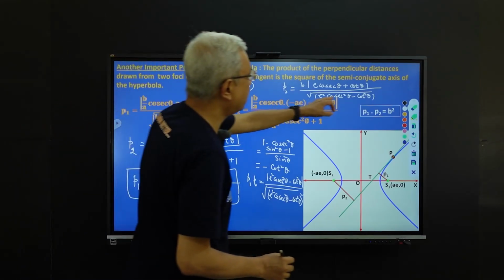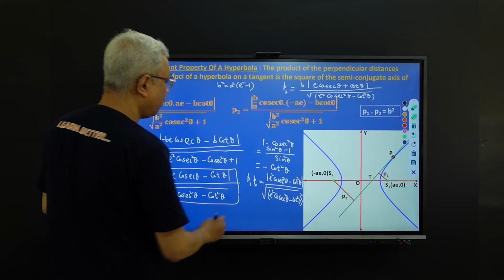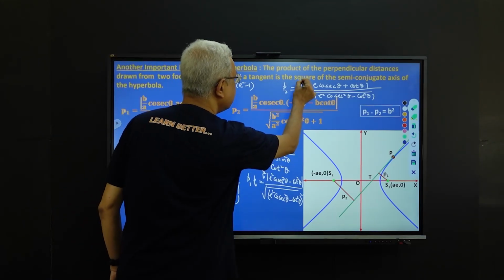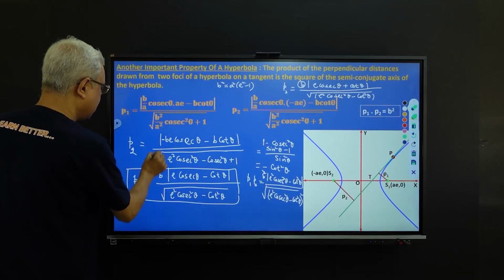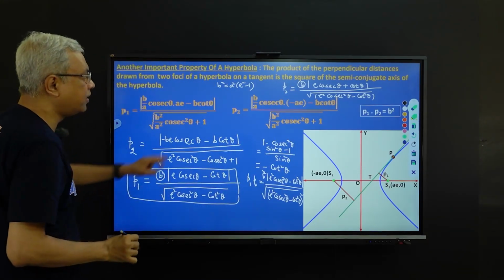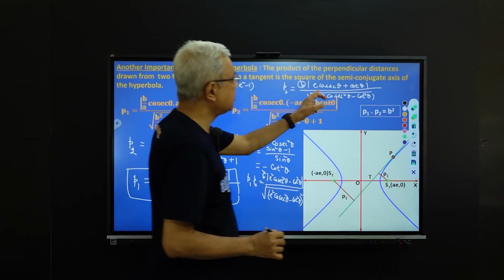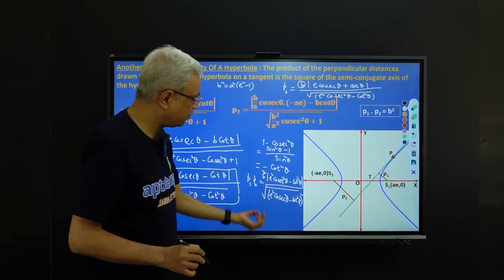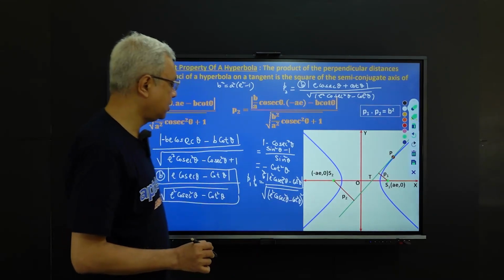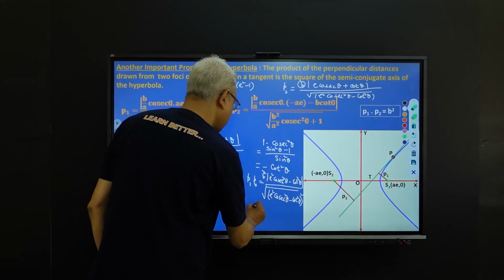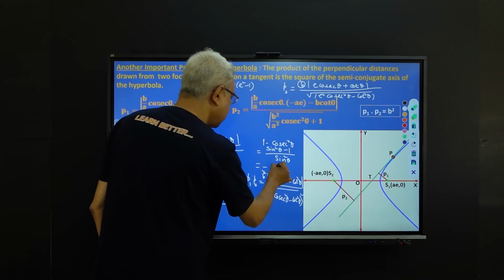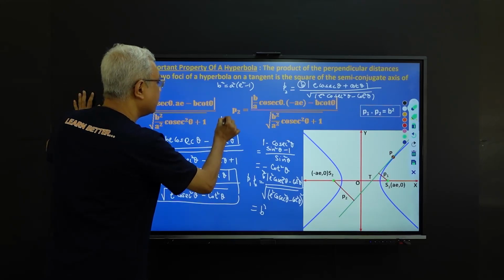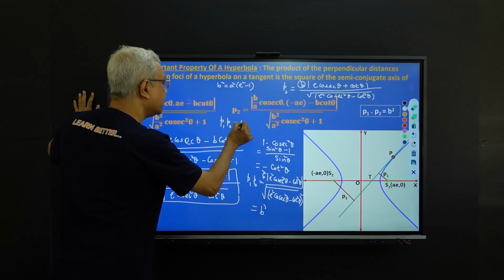Moreover, there is a b square term, because here it is b times this thing, here also it is b times this. So P1 into P2 is b square, e square cosec square theta minus cot square theta mod divided by square root of e square cosec square theta minus cot square theta whole square. So it is nothing but b square, because numerator and denominator are identical. So P1 into P2 is b square.